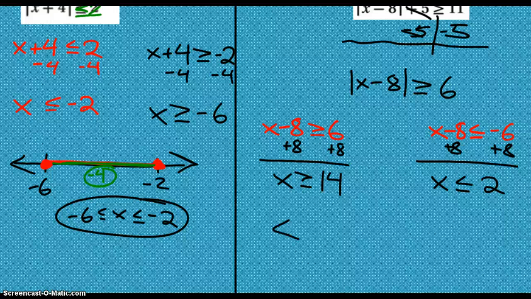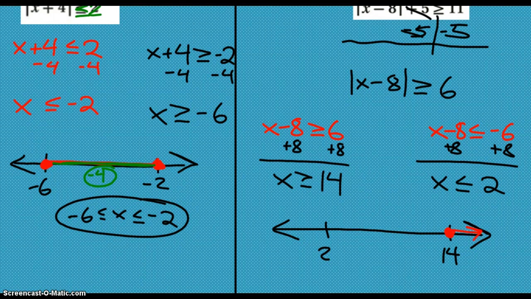Or you can figure it out right here. I just put 2 here and 14 over here. I know I've got x is greater than or equal to 14, which is going to go this way, and x is less than or equal to 2. So we can figure it out that way.